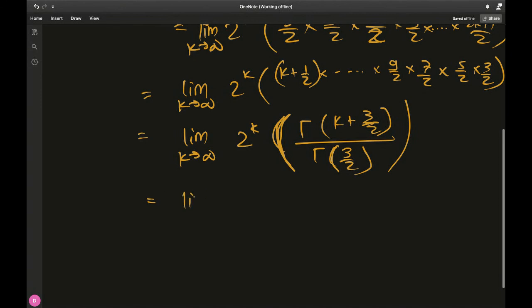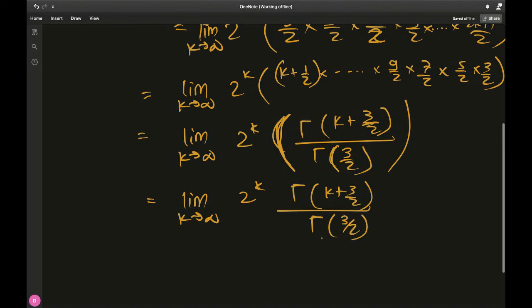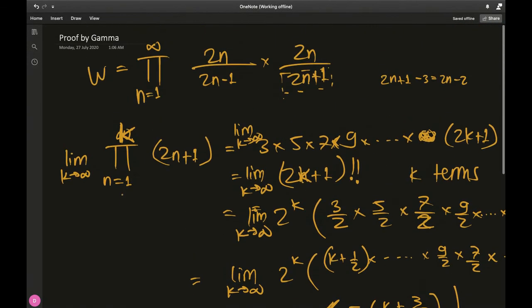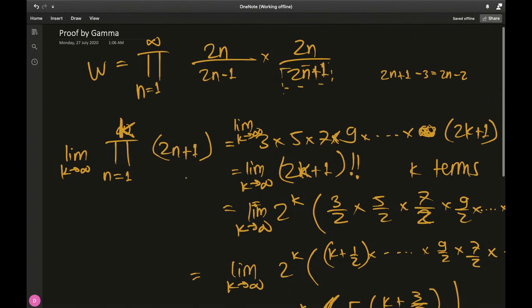Okay, fair enough. We finally have limit as k goes to infinity of 2 to the k, gamma of k plus half divided by gamma of 3 over 2. Although this is a diverging expression, let's just keep it as it is. So that's the 2n plus 1 part.